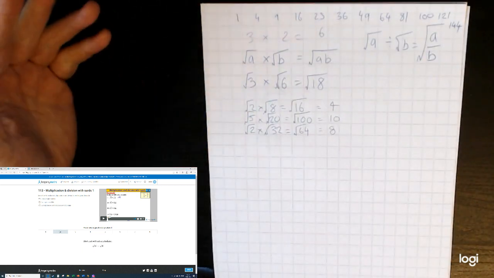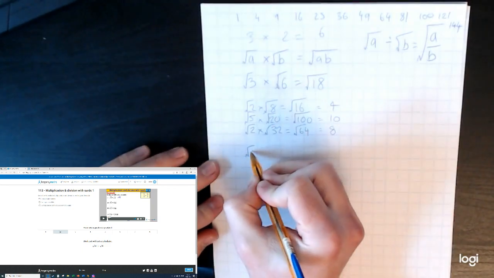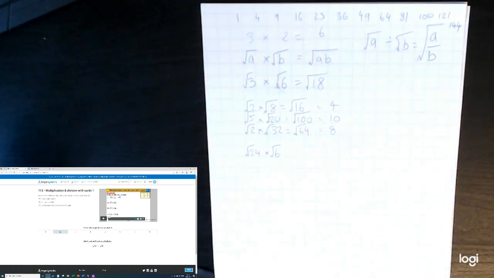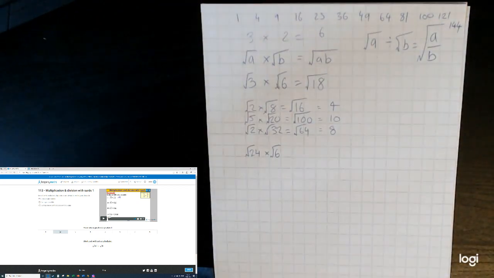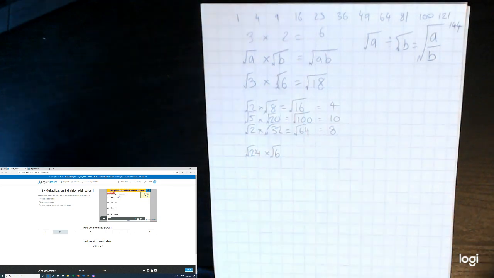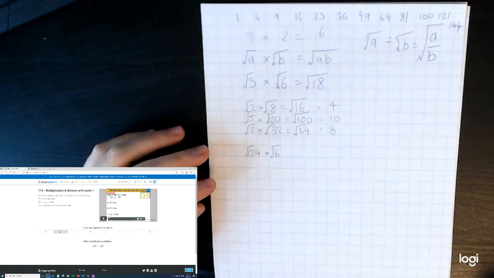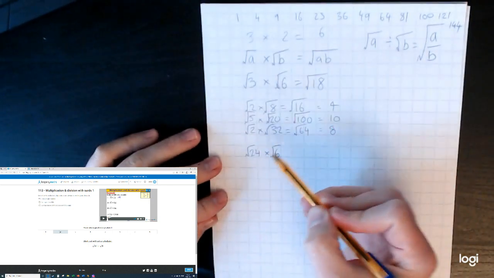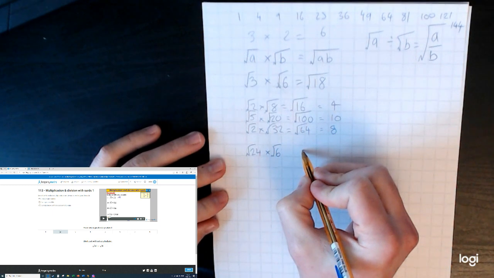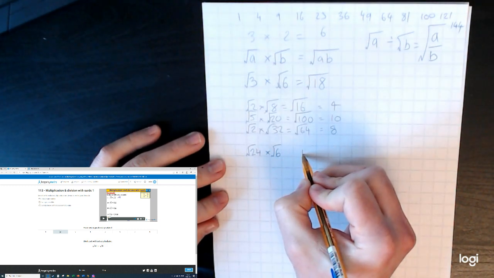Next up, you can get bigger numbers, so root 24 times root 6. Now, there's two ways of going about this. The longer way, which is always going to get you the right answer, it might just involve more steps, is do exactly what we've done here. 24 times 6. 2 6s, 12, 1.